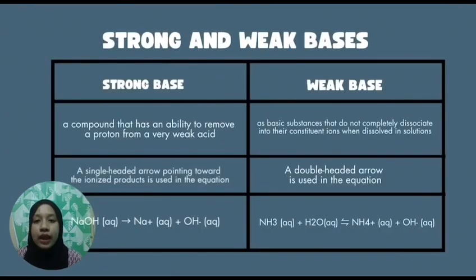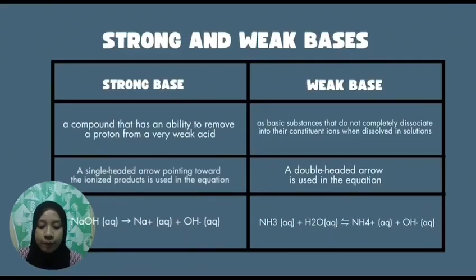For strong and weak base, strong base, a compound that has an ability to remove a proton from a very weak acid. A single-headed arrow pointing toward the ion's product is used in the equation.